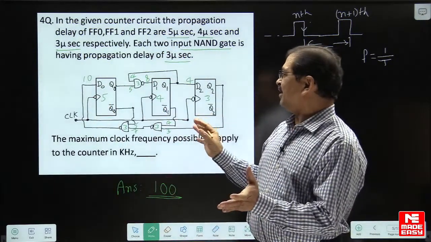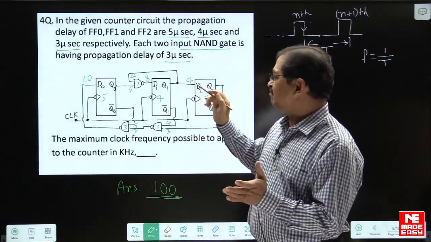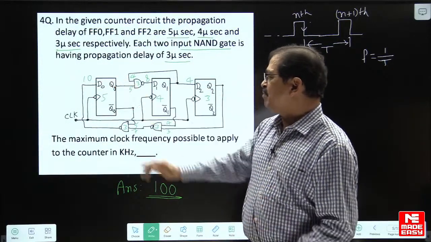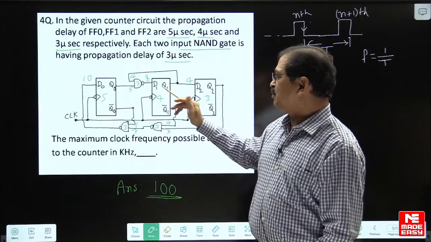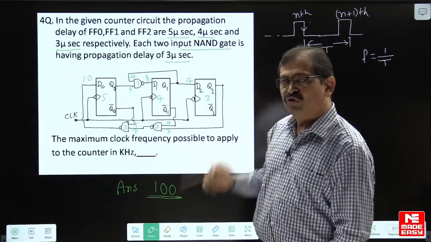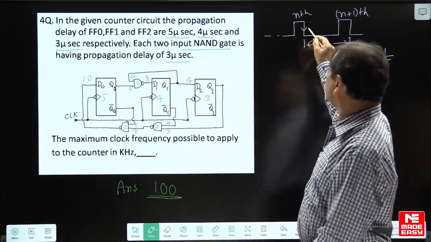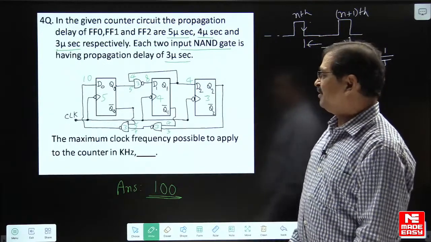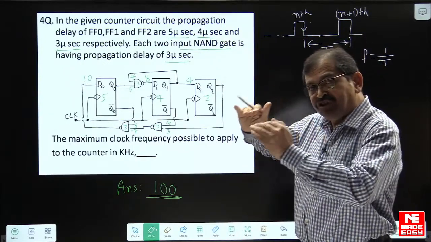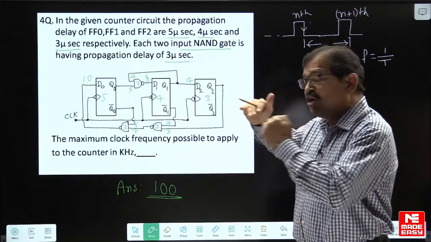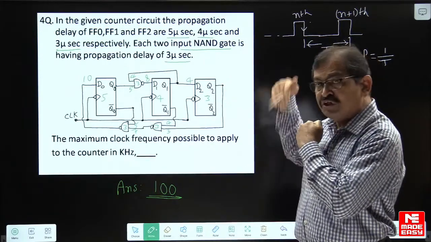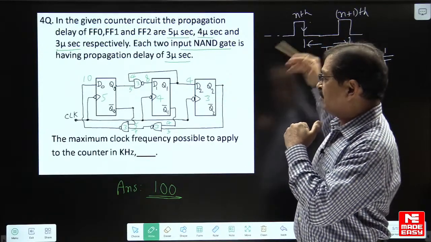Flip-flop 0 input is available after 10 microseconds, flip-flop 1 input after 8 microseconds, and flip-flop 2 input after 4 microseconds after this nth clock pulse. After all the inputs are available at the respective flip-flops, only then is it possible to apply the next clock pulse.